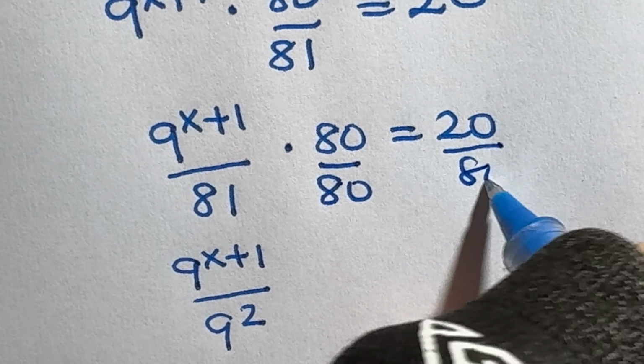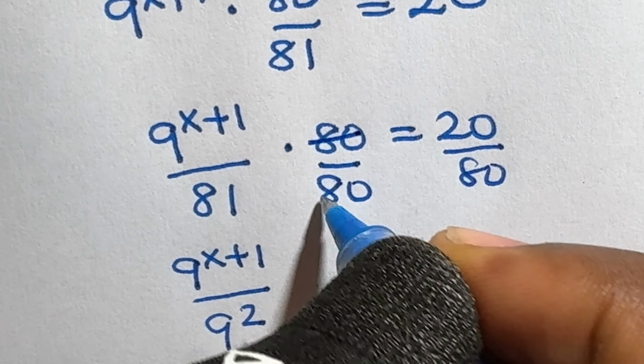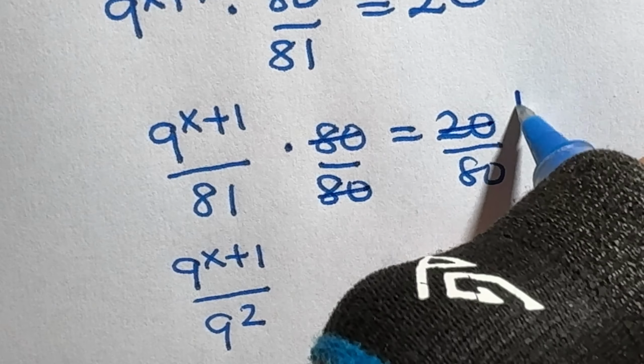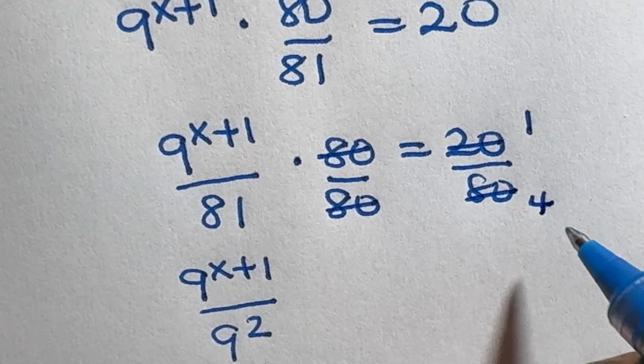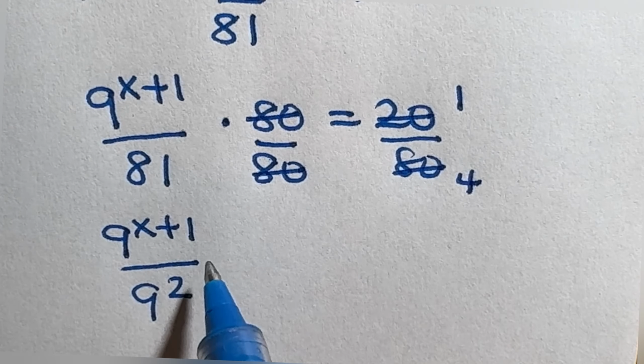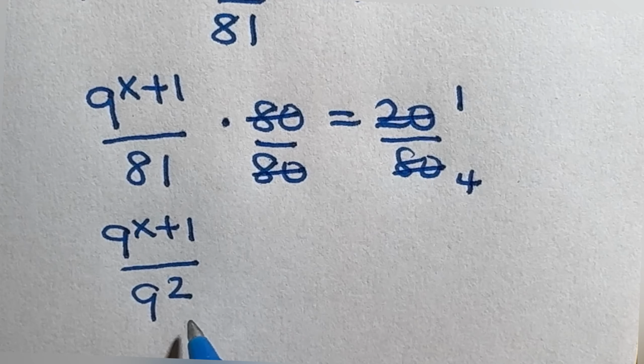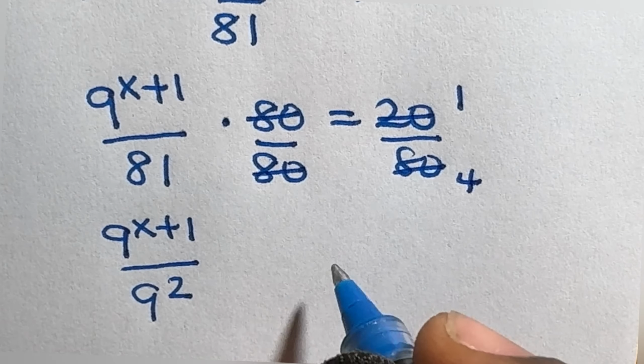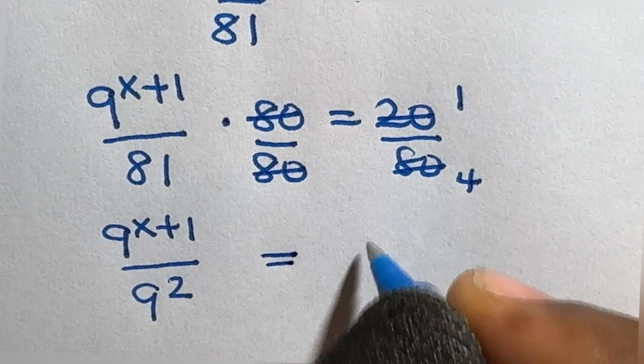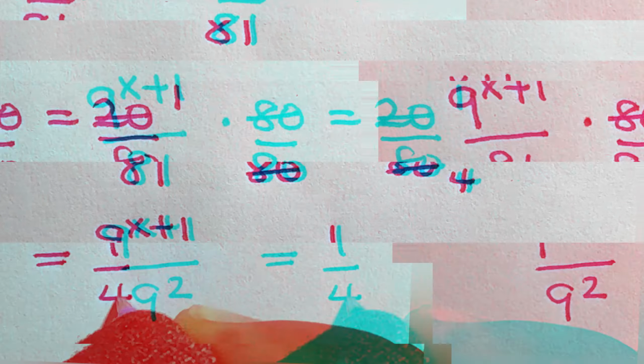If I divide both sides by 80, this gets rid of this, and this here is exactly 4. So I have 9 raised to power x plus 1 divided by 9 raised to power 2 is equal to 1 over 4.